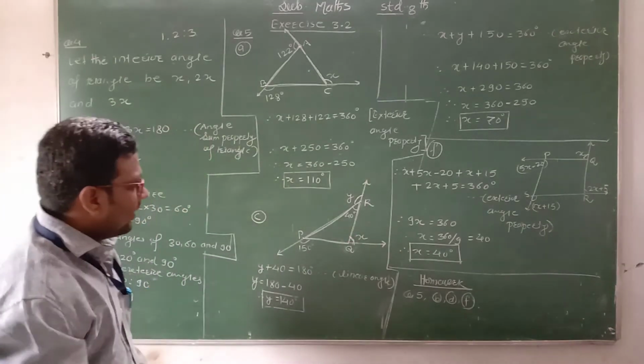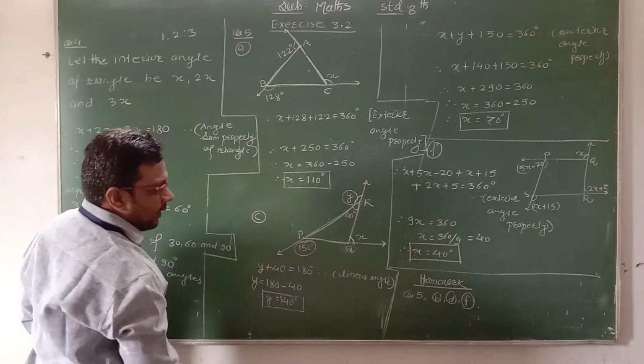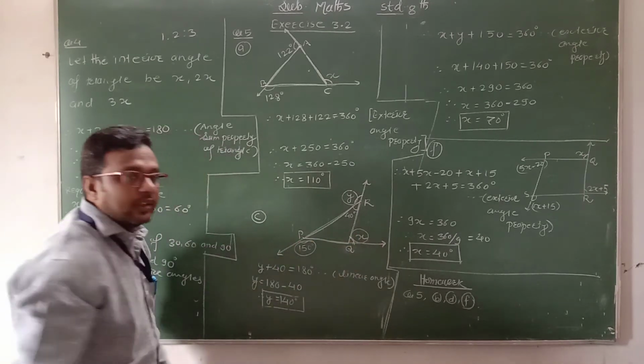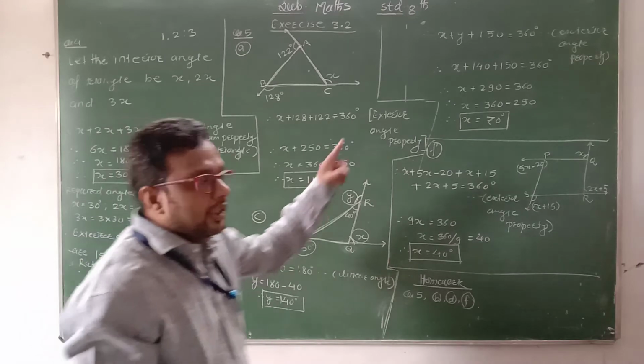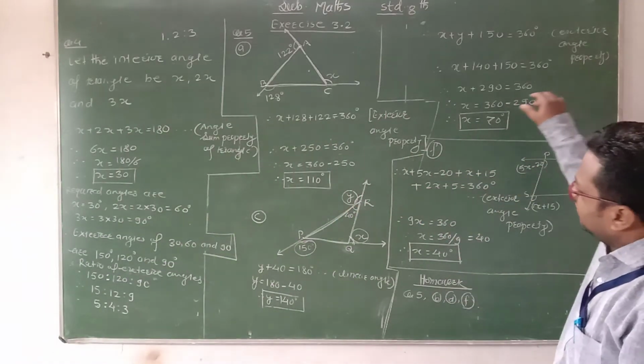Clear? Now y is the exterior angle at R, this is the exterior angle at P, and x is the exterior angle at Q. Then the sum of exterior angles is equal to 360 degrees by the exterior angle property.